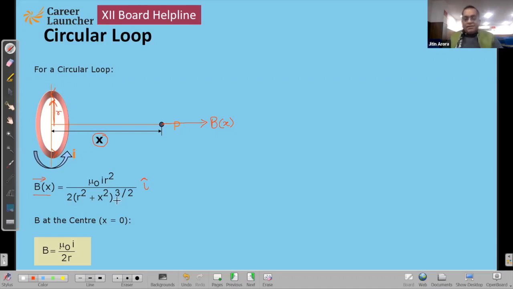So B as a function of x is equal to mu naught I small r square upon 2 (r square plus x square) to the power 3 by 2 i cap. Now if I have to find B at the center, so B at the center.